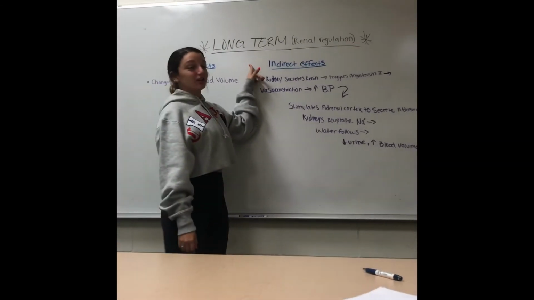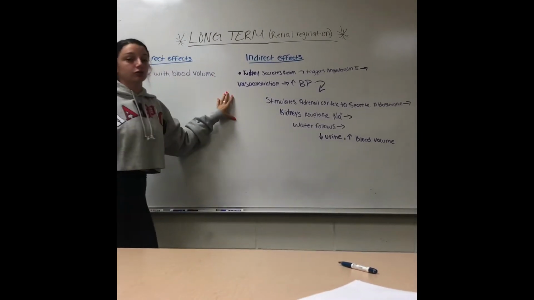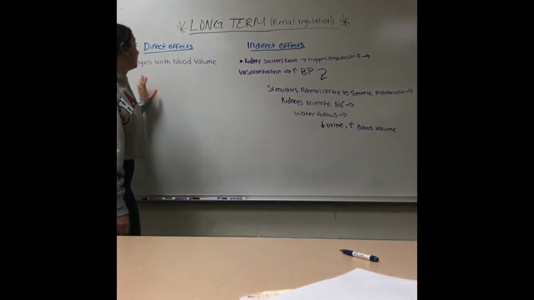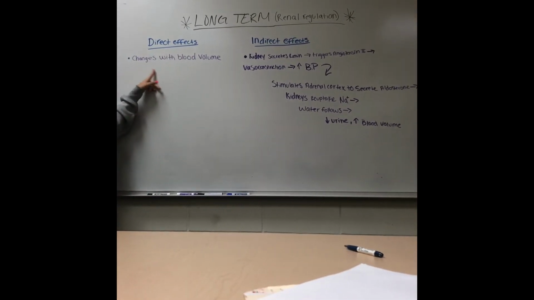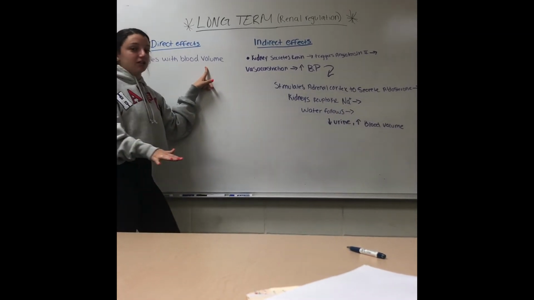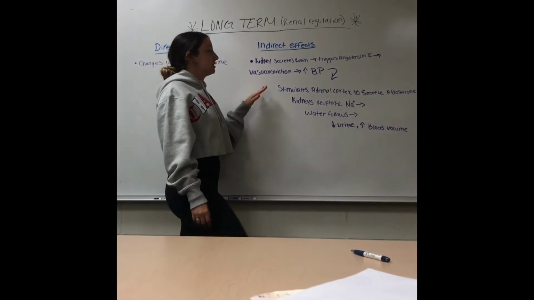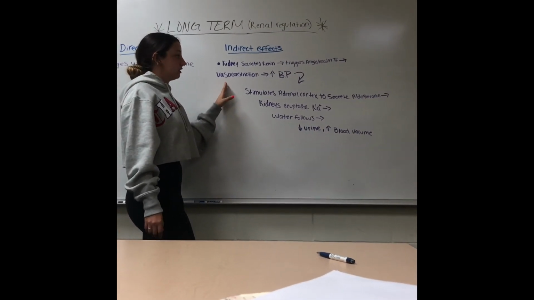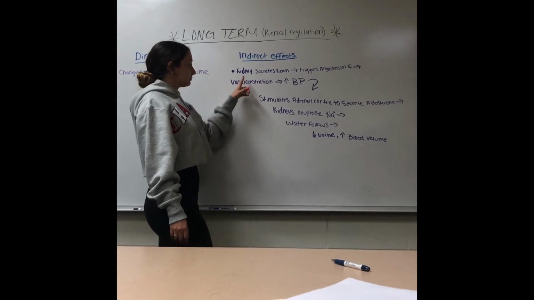So some long-term effects are all controlled by the kidneys, so it's going to be renal regulation. Direct effects are going to be the changes with blood volume, so obviously with more blood volume, the kidneys are going to react to that and do it that way. But some indirect effects are going to use other things to help the kidneys regulate the blood pressure.